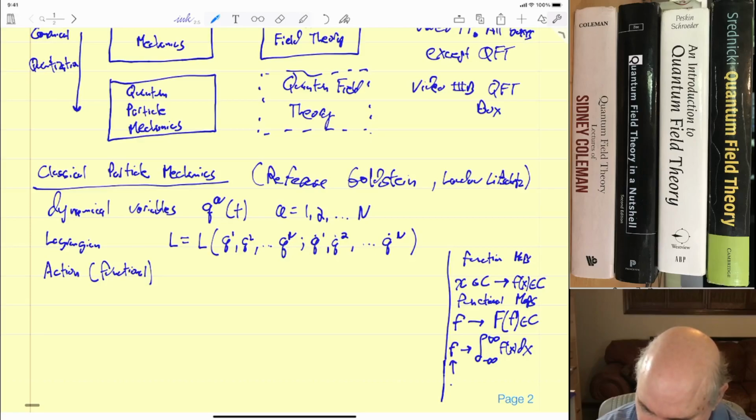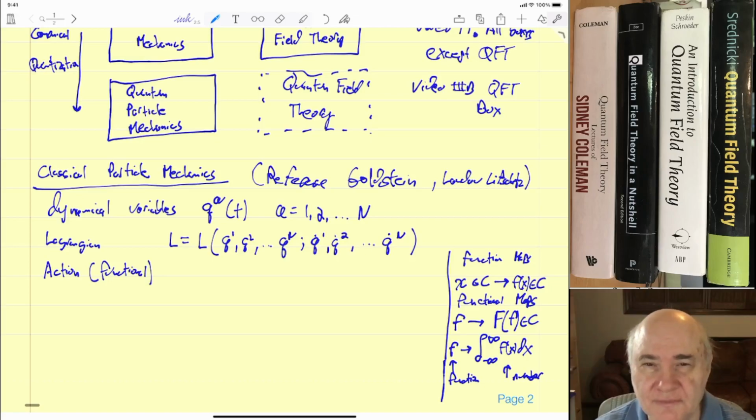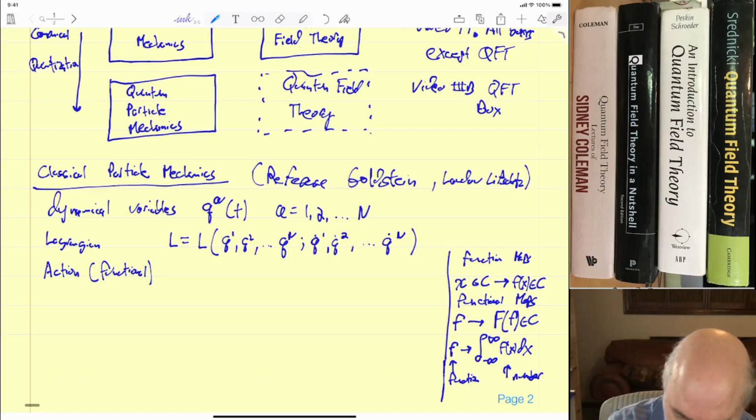This is a function, and this is a number. And later on, when we discuss the path integral approach to quantum mechanics, this will be very important. But I just want to cover this very briefly. So the action S is equal to the integral from t1 to t2 of the Lagrangian.